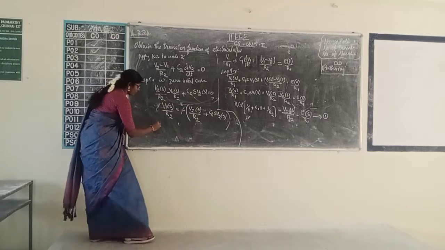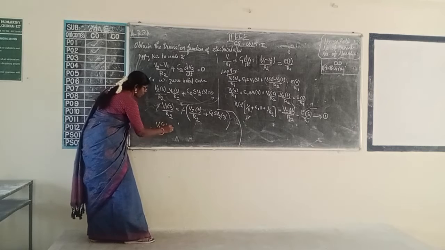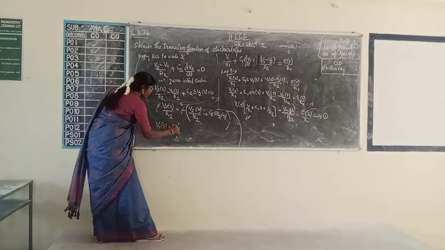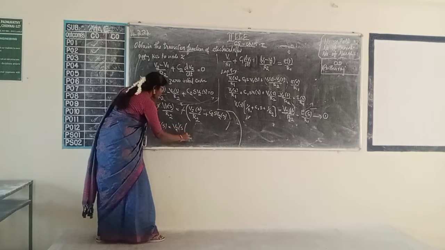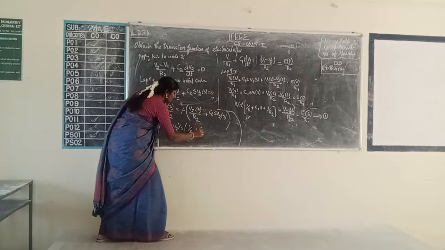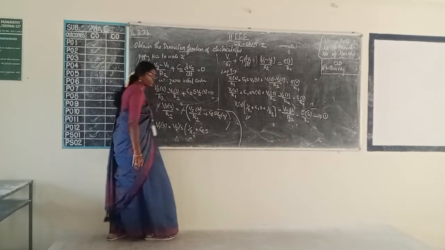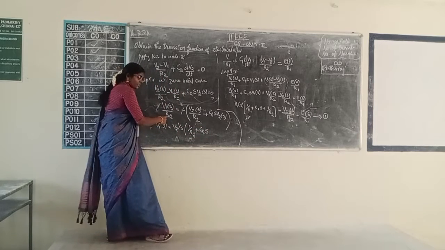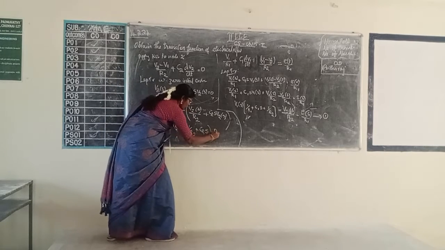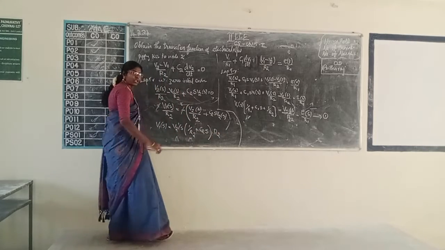What I have to provide from here? V1 of s. Shall I take the V2 of s common over here? That is V2 of s into 1 by R2 plus C2 s. Yes. So, shall I take this denominator of R2 over here? So what happens? Into R2. Clear?